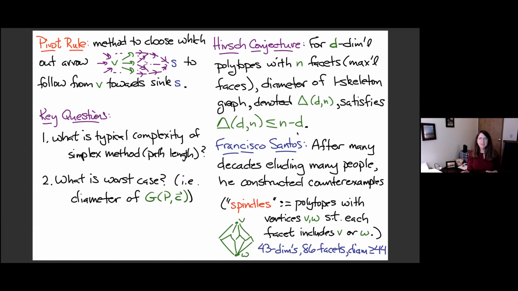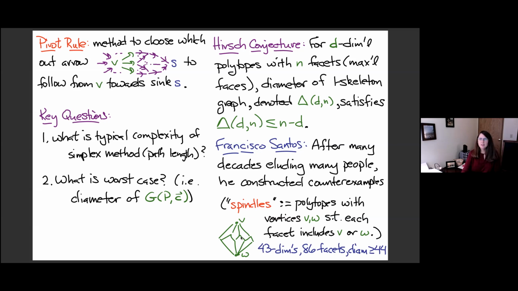Finally, after decades and decades, Francesco Santos found counterexamples to this. He constructed counterexamples, and one of the ideas that went into his construction was something called spindles. These are polytopes where you have two vertices, V and W, such that every facet of the polytope either has V in its boundary or has W in its boundary. So they look something like this.